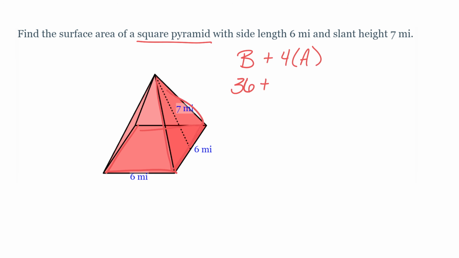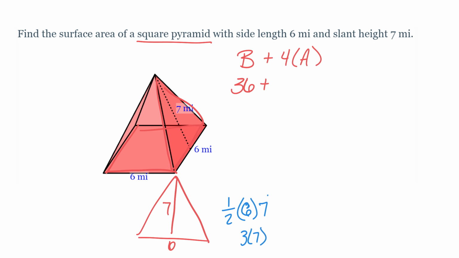Now, if we were to take this triangle apart right over here, it has a base of 6 and a height of 7. The formula for a triangle, of course, is 1/2 base times height. Half of 6 is 3. 3 times 7 is 21.